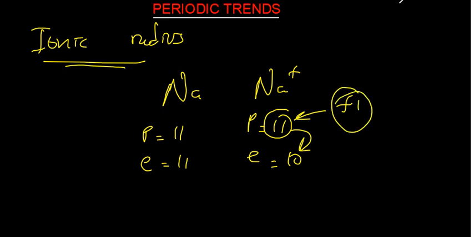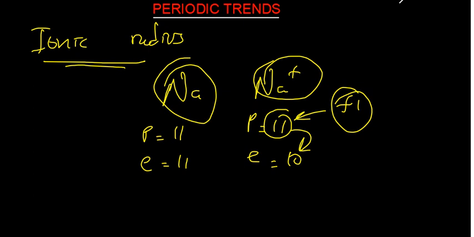So there's a greater attraction, and so the ion becomes much smaller than the actual atom. Why has it become much smaller? Because the pull is much greater. Remember, the pull is between the protons and the electrons. So that is why cations are smaller than their actual atoms.